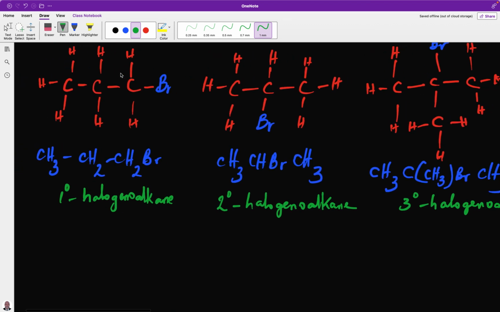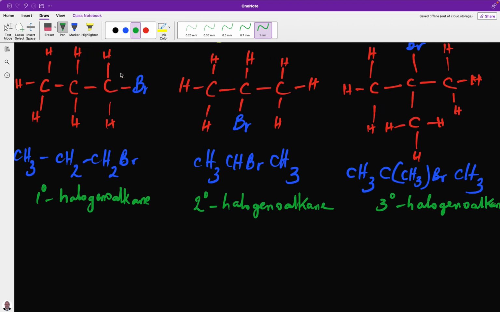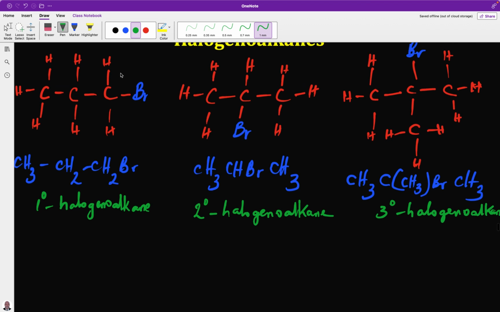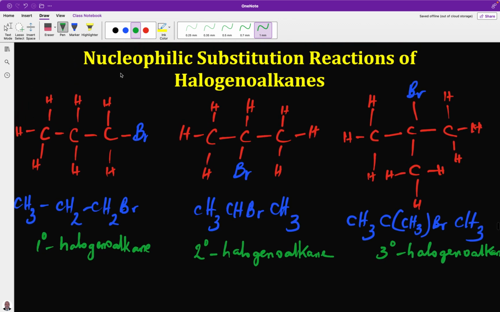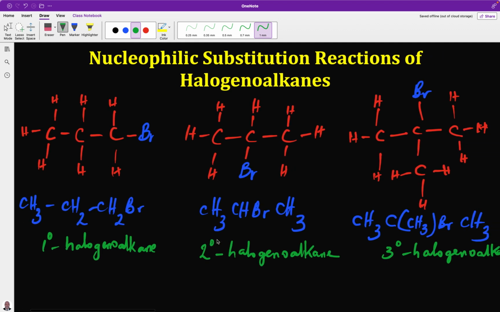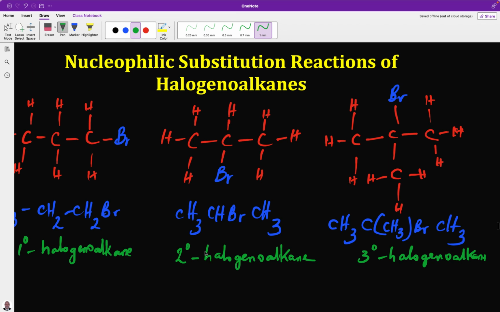Now you have the 3 types of halogenoalkanes: the primary, the secondary, and the tertiary. The nucleophilic substitution reaction of halogenoalkanes will depend on whether it is a primary, secondary, or tertiary halogenoalkane.